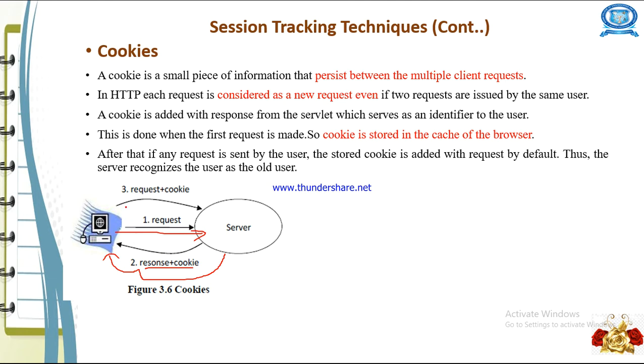Next, number three, request plus cookie: the same client accesses the particular server again, and the request is sent along with the cookie. Then the server identifies that this is a previous user. It easily identifies the user.